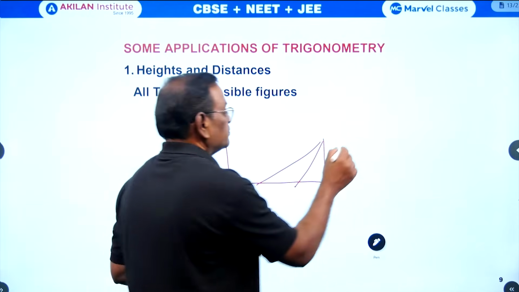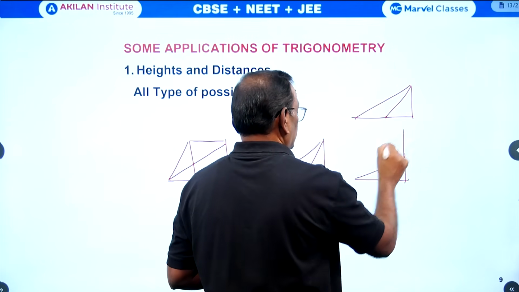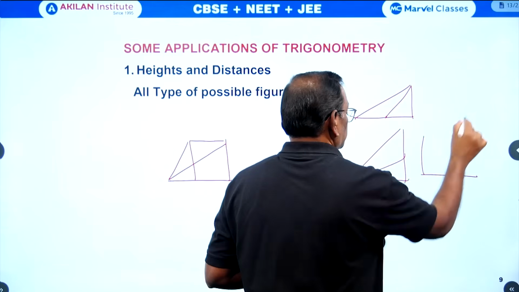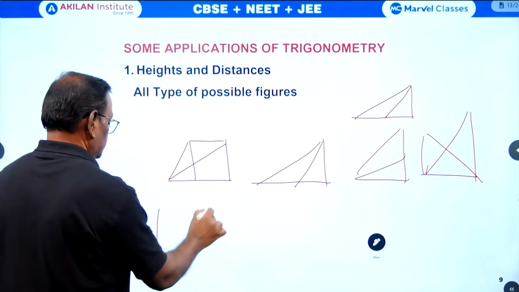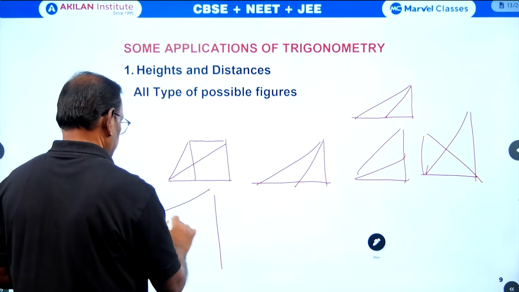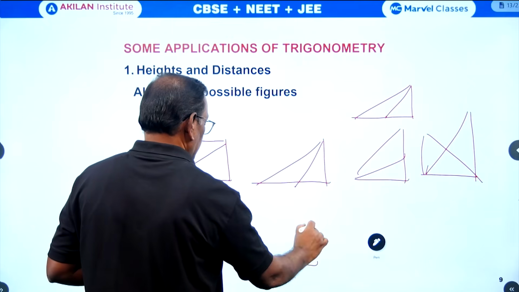And this type 1, type 2, type 3, type 4, and type 5, equal height.